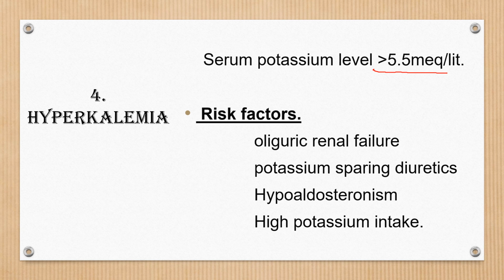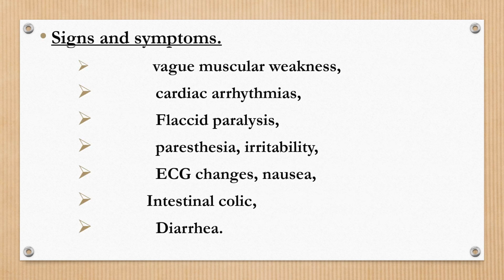In all these situations, the increased potassium level will be stored in the blood. The signs and symptoms include vague muscle weakness, cardiac arrhythmias, flaccid paralysis, paresthesia, irritability, ECG change, nausea, intestinal colic, and diarrhea.